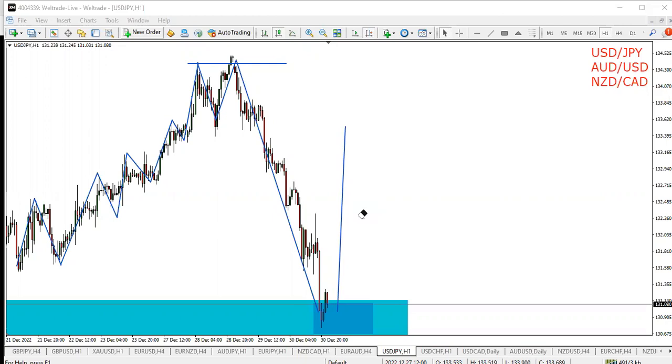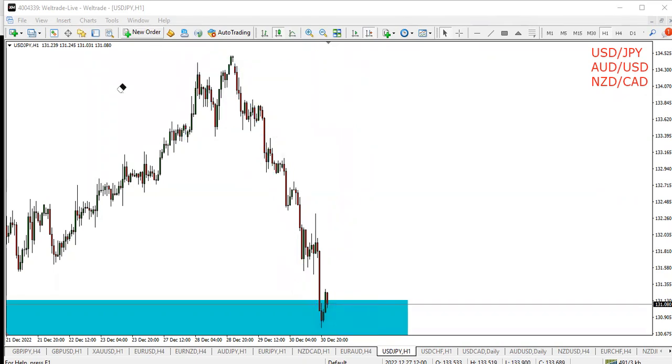So we are looking forward to a short-term long, and in this short-term long, we have this right here. This is our target, first TP right here, second TP to the ultimate high. So this looks very interesting, and let's look forward to what price is going to do on this. So that is UJ. That is what we're looking forward to see on UJ.